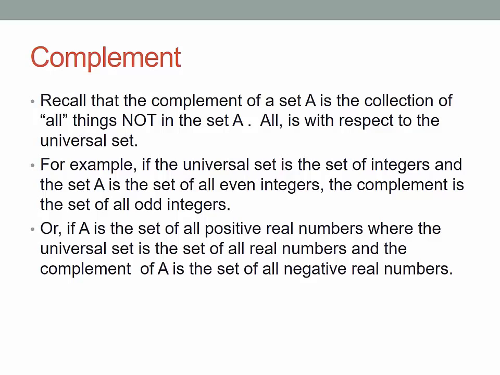Or if our universal set is the set of all real numbers, and A is the set of all positive real numbers, then the complement, of course, is the set of all negative real numbers, together with 0.